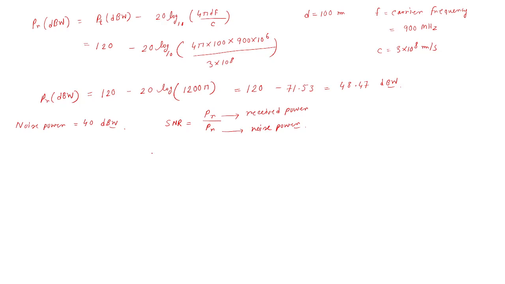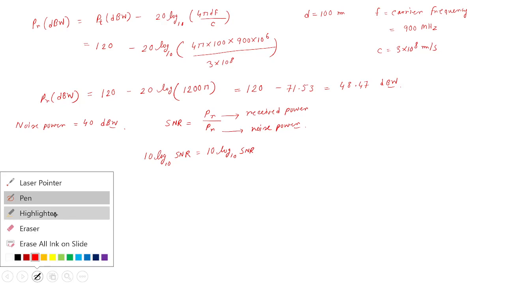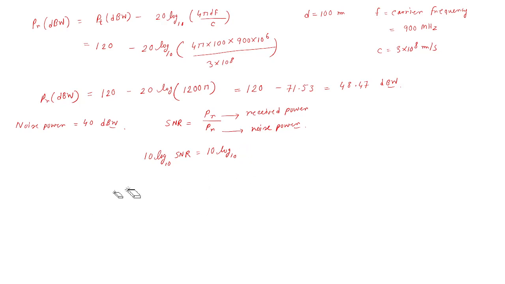Now if you take 10 log base 10 on both sides again, you get 10 log base 10 SNR equal to 10 log base 10 PR minus 10 log base 10 PN.